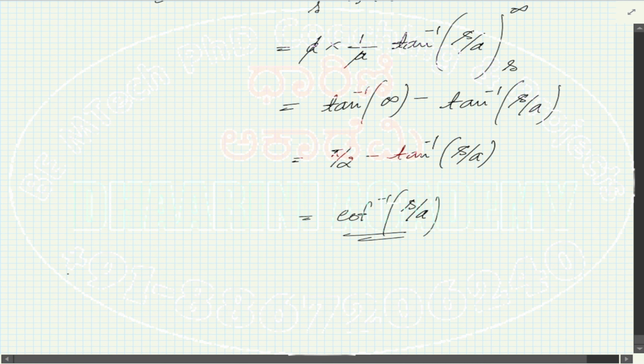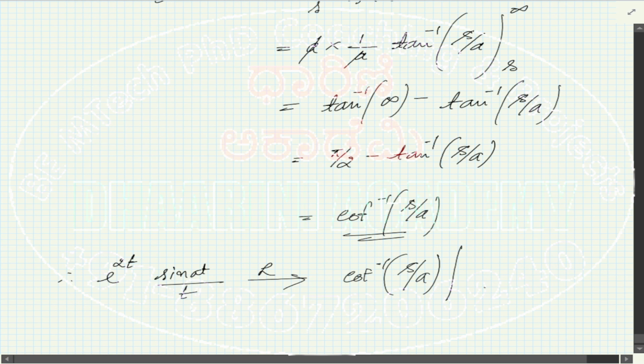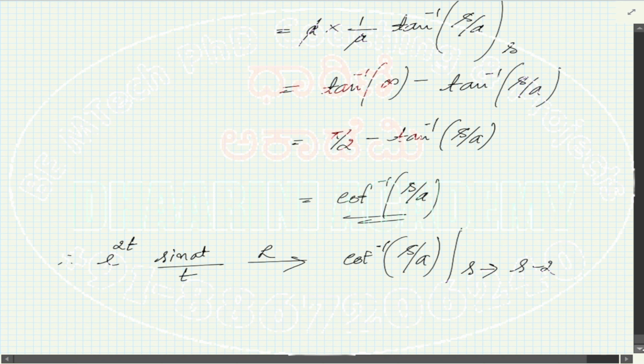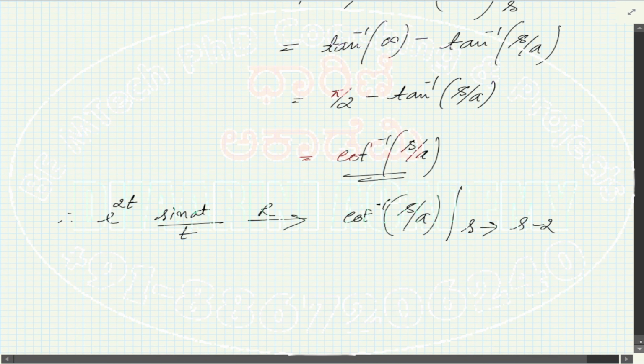So e to the 2t into the above function, that is sine at by t, will have the Laplace, the same function, that is cot inverse of s by a, with s being replaced as s minus 2. Why s minus 2? Because it is getting multiplied by e to the 2t.